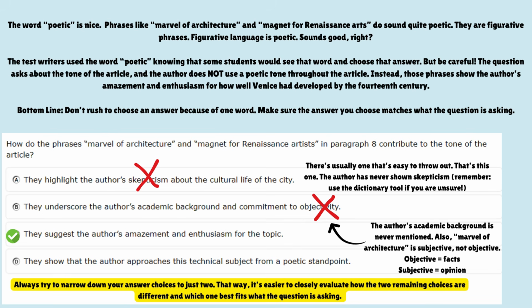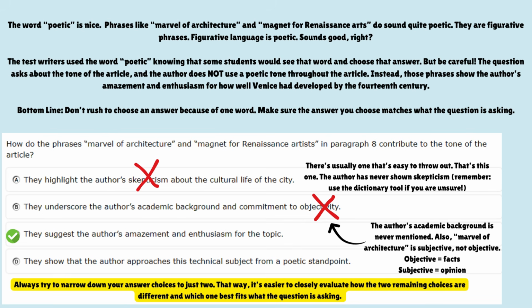But also, more so than that, the phrase marvel of architecture, which is the phrase that we are asked in this question to analyze, that phrase is subjective, not objective. To say a marvel of architecture, that is an opinion, it's not a fact. So to say the marvel of architecture does not show a commitment to objectivity, because that is the opposite. It's an opinion. Okay, so we eliminate A and B.